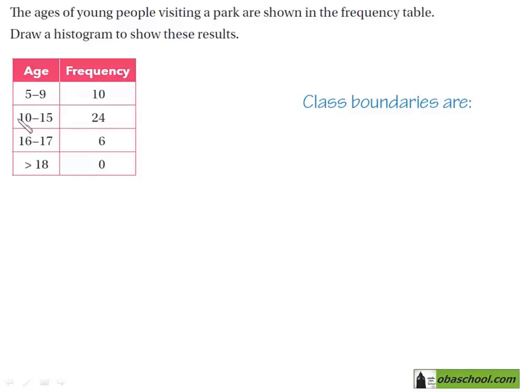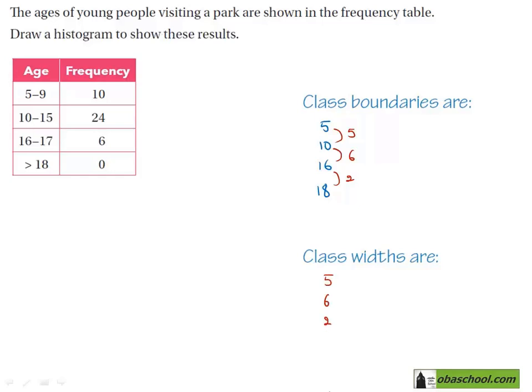So we already know that the class boundaries are limited to the lower bound. So the first one is ages from 5 to 10. The second one is 10 to 16. We also have 16 to 18. Notice the difference between 5 and 10 is 5, the difference between 10 and 16 is 6, and the difference between 16 and 18 is 2.